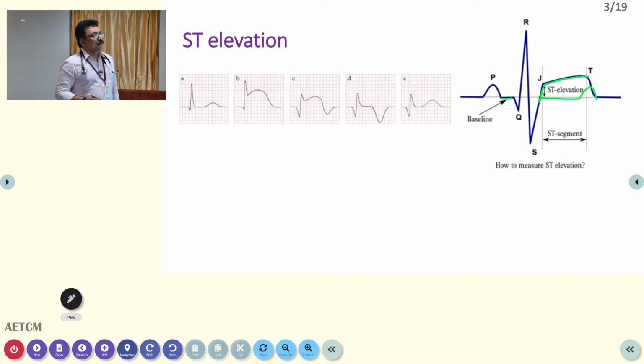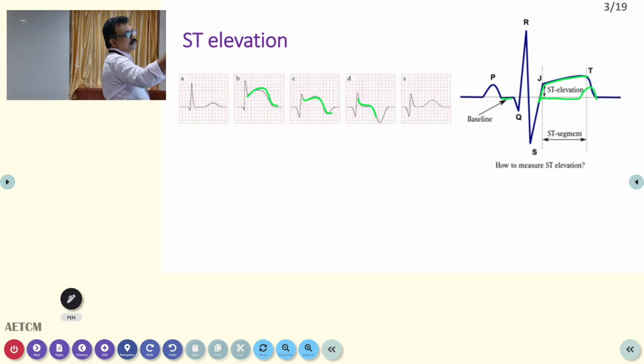Now here you can see the different types of ST segment elevation, or the changes in the myocardium during myocardial infarction. Initially you get tall T waves, then the ST segment itself will elevate. Then after some time, if you don't treat the patient, you get T wave inversion, ST has come down, and you can get a Q wave.